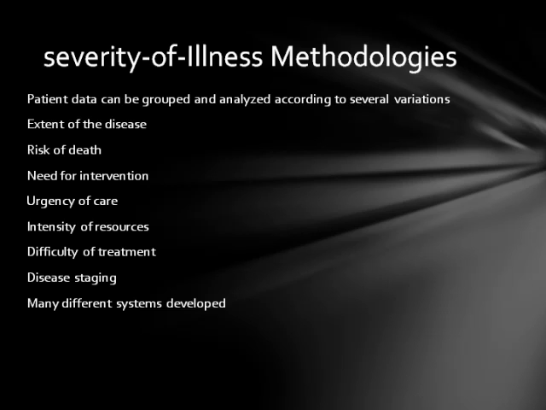Severity of illness methodologies. Patient data can be grouped and analyzed according to several variations: extent of the disease, risk of death, need for intervention, urgency of care, intensity of resources, difficulty of treatment, disease staging, and many different systems developed. So again, once you go into the ER, you're going to sit with the triage nurse.